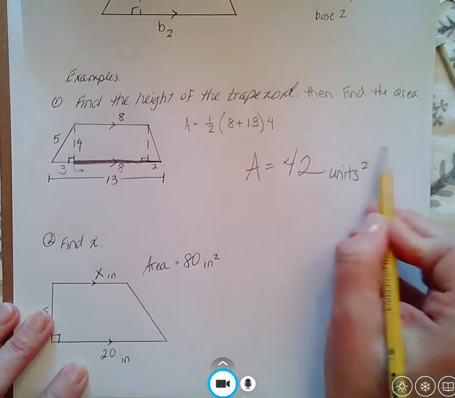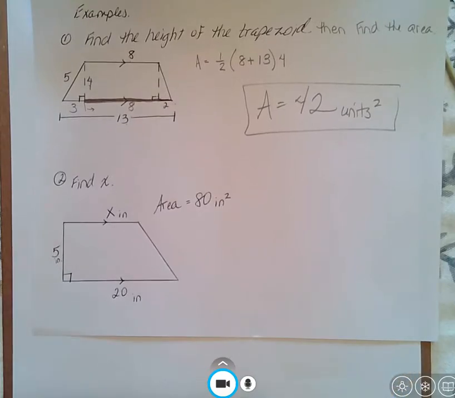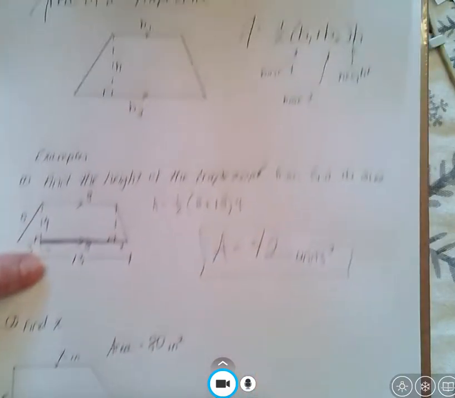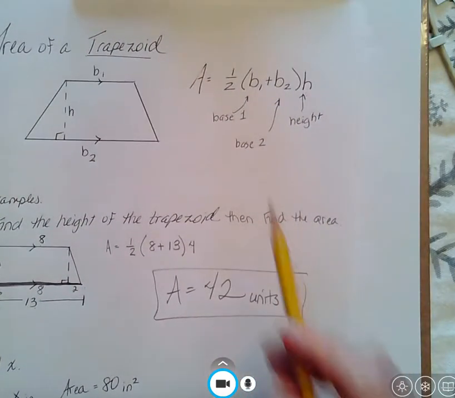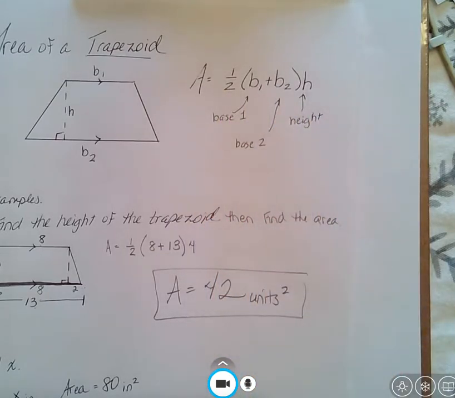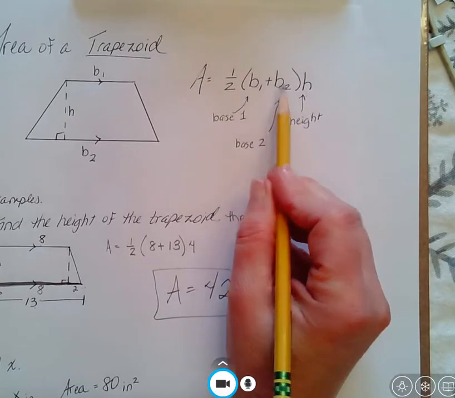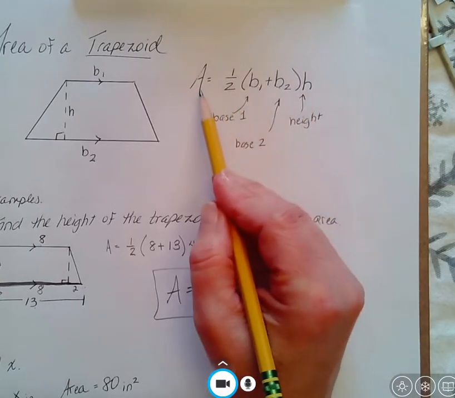Units squared, fine. The next one's asking us to find x, and they're giving us the area. Okay, so I'm going to go back to my formula. Area equals 1/2 base 1 plus base 2 times height. I actually have 4 variables here: my 2 bases, my height, and the area.